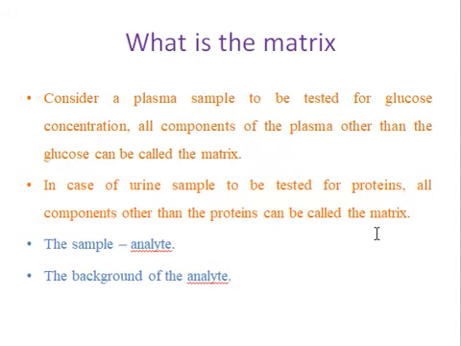So the matrix is the sample with the analyte subtracted from it, or the analyte removed from the background. So the background of the analyte can be considered as the matrix.